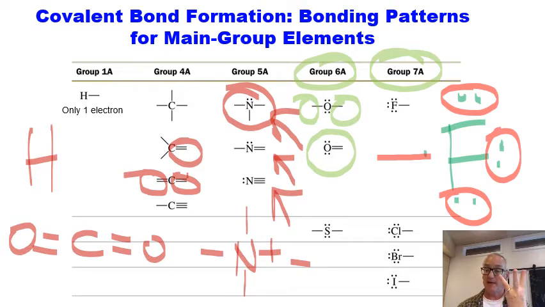Nitrogen has 3 unpaired electrons, it makes 3. Oxygen has 2 unpaired electrons, it makes 2. Fluorine only has 1 unpaired electron, it makes 1. Okay, that's how we can always figure out from the Lewis structure how many bonds each of these atoms is going to make. Lewis was a pretty clever guy.